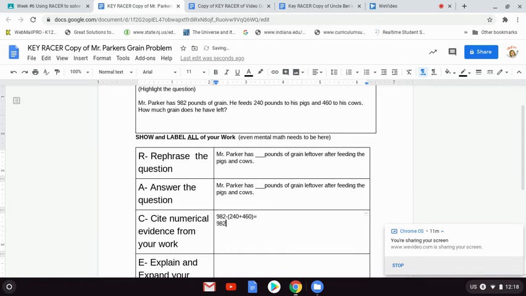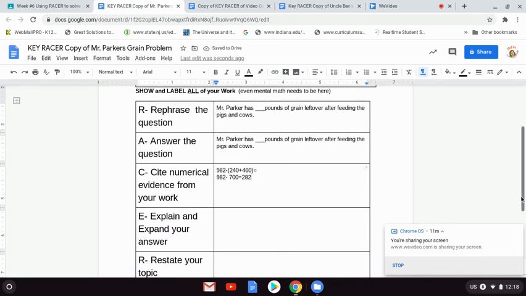So 982 minus, and if we add 240 to 460, you might be able to do that in your head, is 700. And then we just solve. That one's pretty easy, 282. So the answer is 282 pounds of grain.